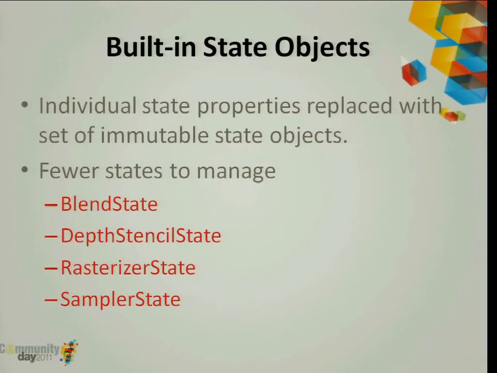Then you had to go and look which states it had changed, and reset them manually. Or you had to pass save state arguments to the begin methods of the sprite batch, but then your application became slow, so it was kind of hard. And they implemented these 4 states to simplify that. So you can just adjust what you want.